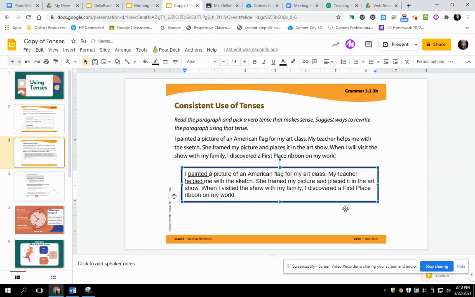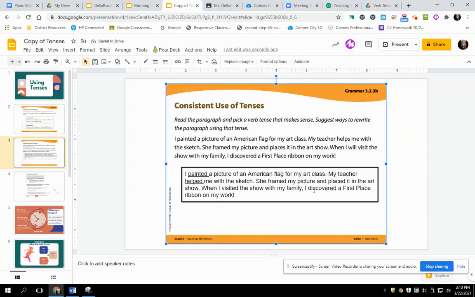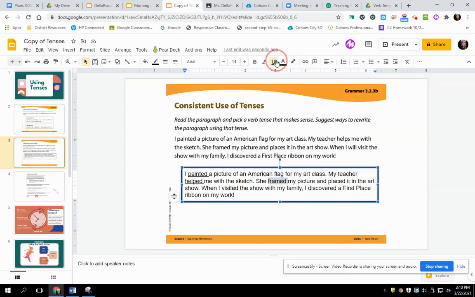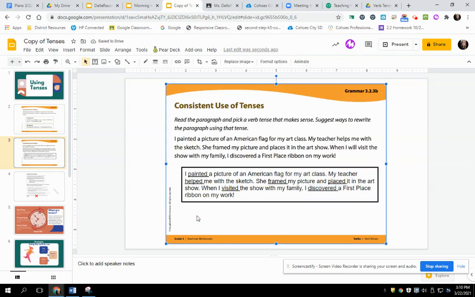There we go. Before I read it again, I'm going to underline all of our verbs that we either changed or left the same. All right, let's read it to double check and make sure we're using consistent tenses.